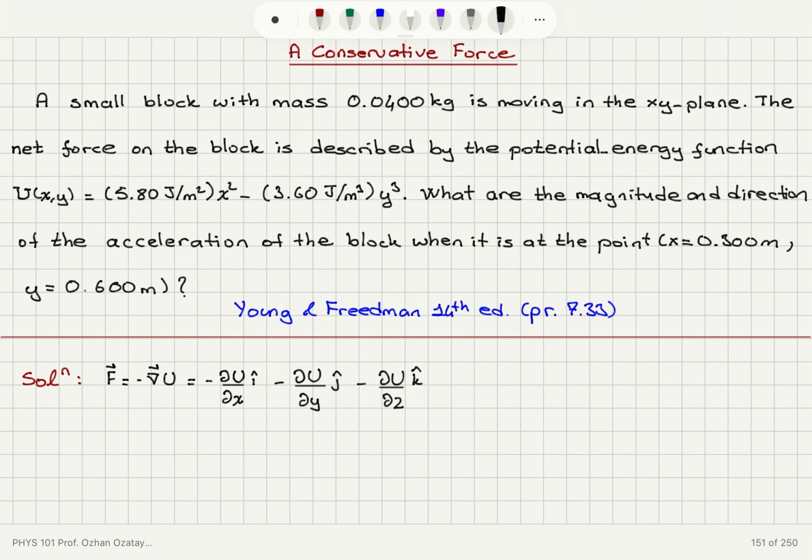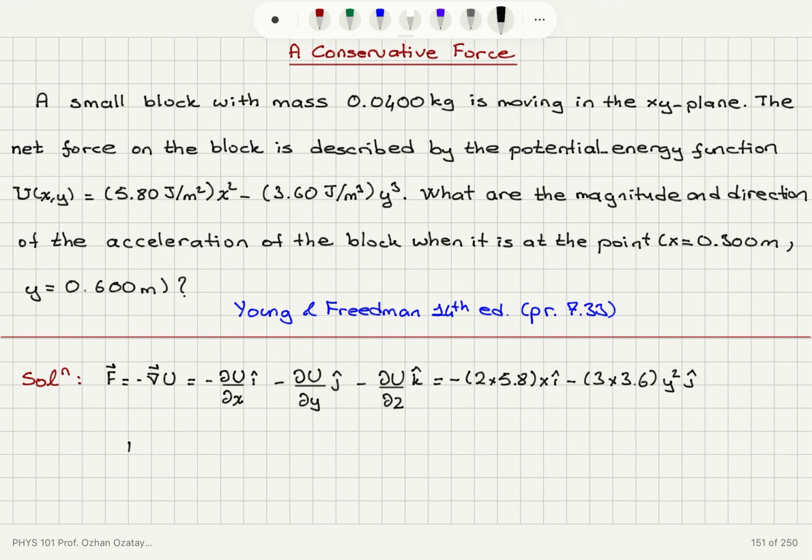Okay, so because we have the potential energy function 5.8x², the derivative with respect to x gives us 2x, so it's going to be minus 2 times 5.8x i hat. The derivative with respect to y for y³ gives us 3y², so it's going to be minus 3 times 3.6y² j hat, and there is no z dependence here, so that gives us 0.